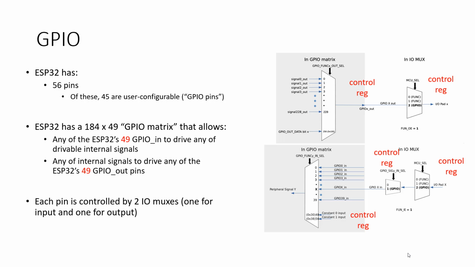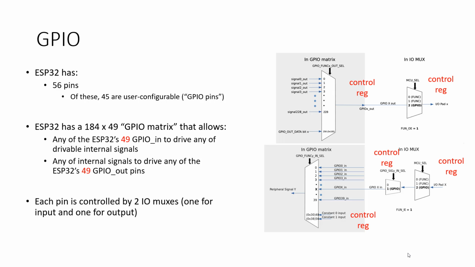In our case, we're going to set these to 2. You set the select here to 2, which just uses the GPIO mux, right? You guys with me? So in other words, we just want this to pass through. We don't want it to intercept this.